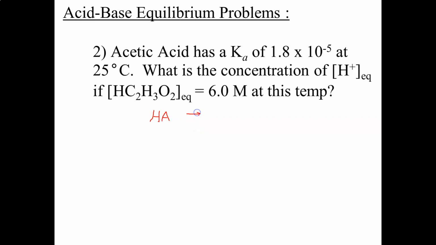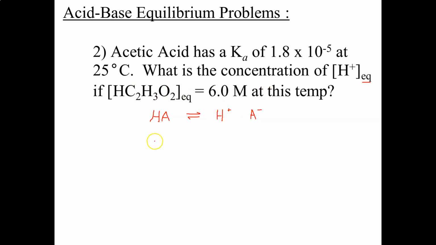So HA, in equilibrium, because it's a weak acid, makes H plus and A minus, which will be your acetate ion. It gives you the Ka value, and it asks what's the concentration of hydrogen ion at equilibrium if the equilibrium acetic acid concentration is 6 molar.